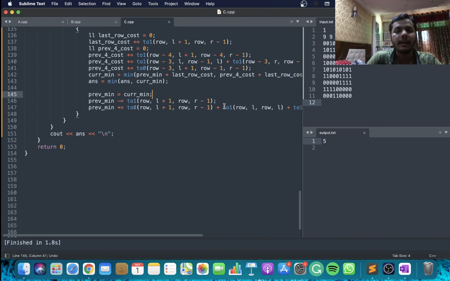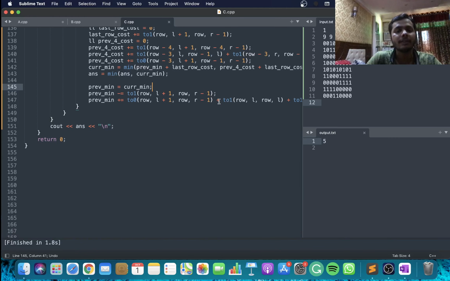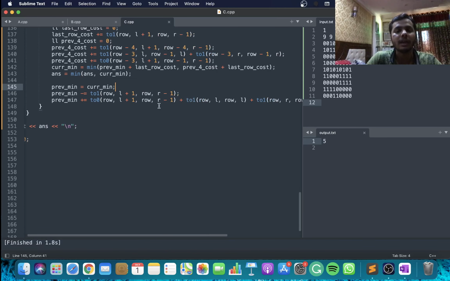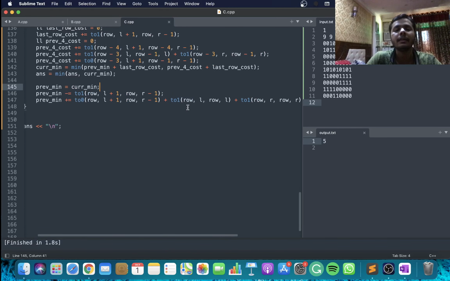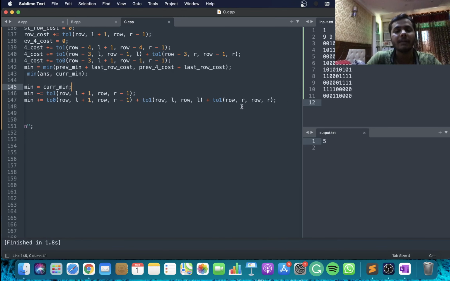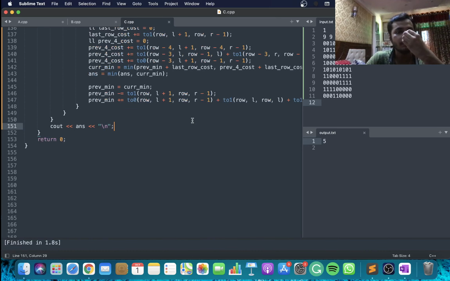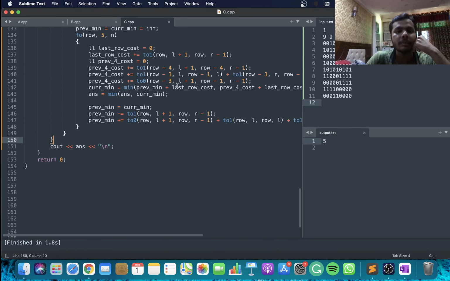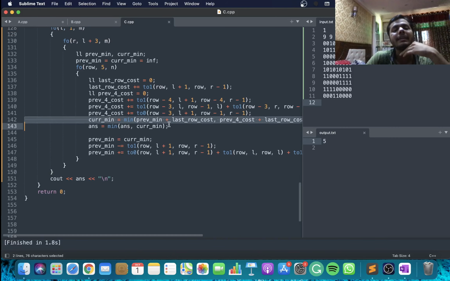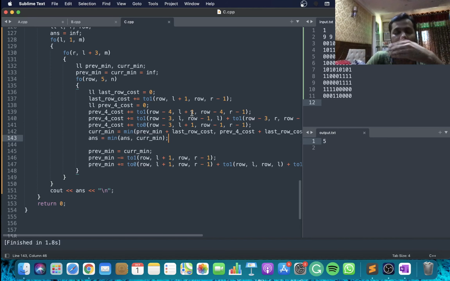And finally I want everything to be white there, so I'm converting all the middle cells to white, and I also want the left and the right cells to be black because they are the boundary cells. So this is the cost of doing that. This is how I modify the previous minimum so that we can directly use the previous minimum here and add the last row cost here. Doing that every time and taking the minimum will give us the answer.